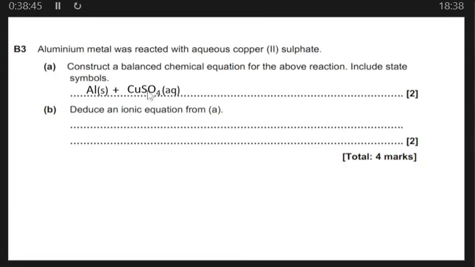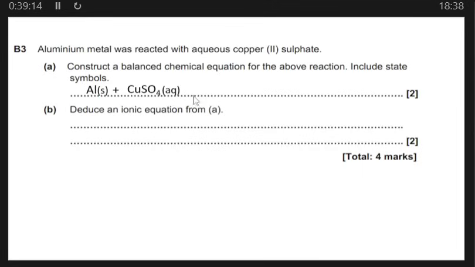When these two react, they will displace each other. This actually will be a displacement reaction where a more reactive metal will displace a less reactive metal from its compound or from its salt in aqueous solution. Aluminium is more reactive than copper, even when you check on the reactivity series.